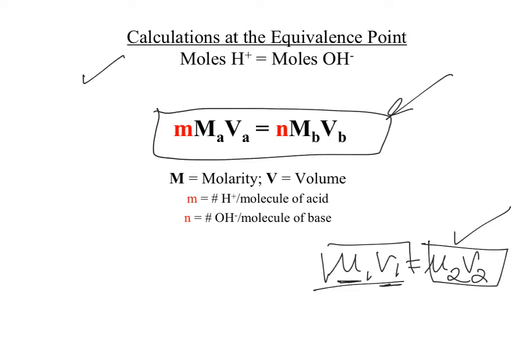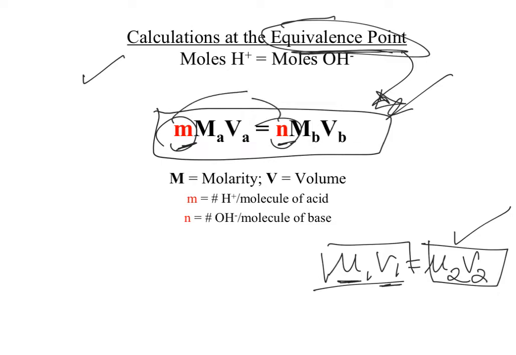At the equivalence point, and again, only at the equivalence point, can you use a version of the dilution formula. What's really important, and what students will often leave out, are these little coefficients on each side of the equation. You cannot leave these out.